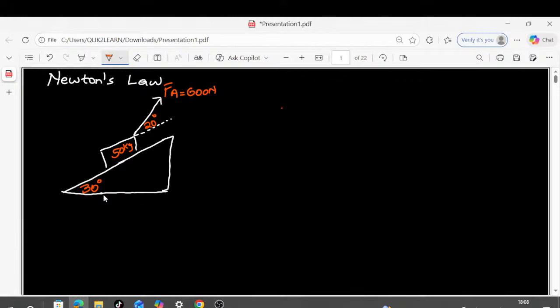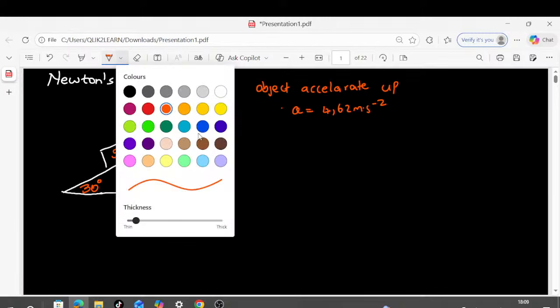The object accelerates up the incline at 4.62 meters per second squared. This is what we have so far, and we're going to use this information to find the following.